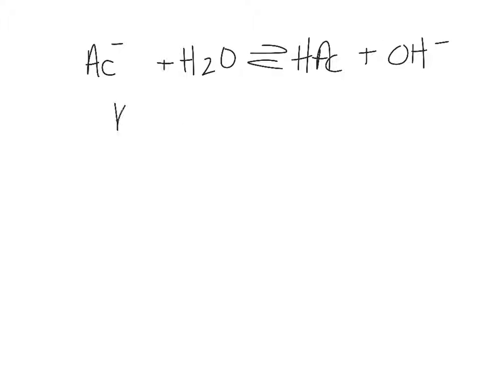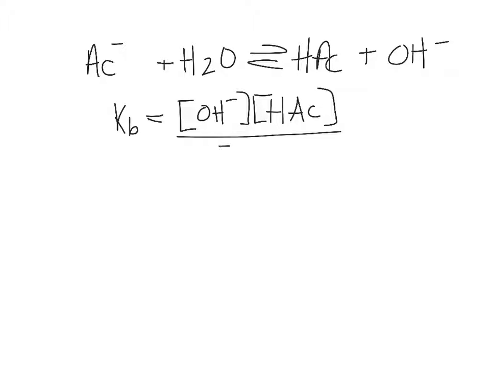Your Kb, because you produce hydroxides, should be your hydroxide times the conjugate acid all over the base. So you would have acetic acid on the top and the acetate ion on the bottom. What did you find for a Kb value?